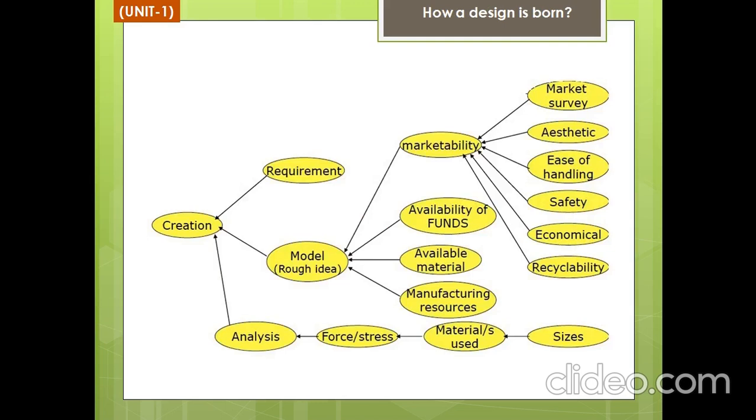Yes, sir. Okay. Now come to this slide. How a design is born, means how the requirement and essence of design is born. From this flow chart, you will clearly see that there are some components written here: market survey, aesthetic, ease of handling, safety, economical, recyclability.